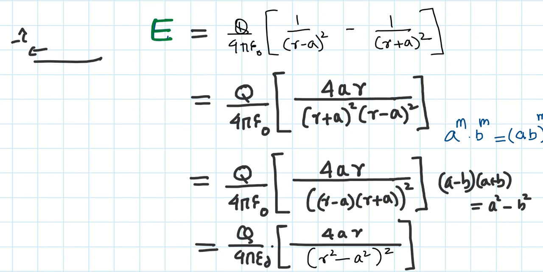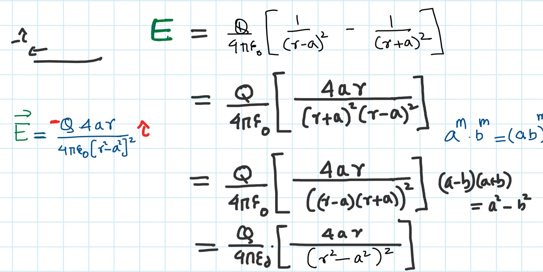So by knowing this, we can state that the total electric field in its vector form will look like this: in the numerator we have Q times 4 times A times R the whole divided by 4 pi epsilon 0, and in the denominator we have this extra term (R square minus A square) the whole raised to 2, and the direction is, let me put the minus sign here, minus I cap. Okay, so you know this.